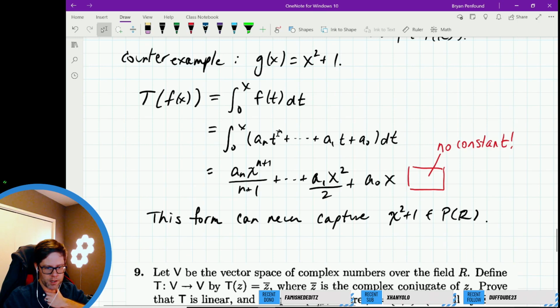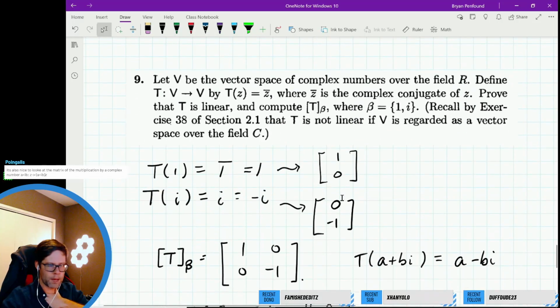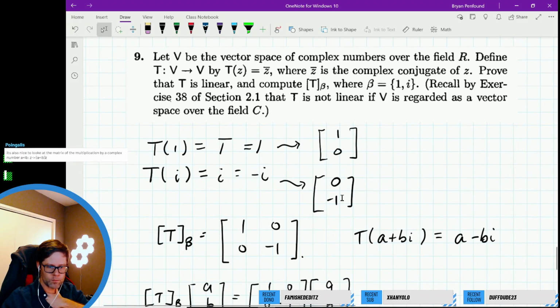And then when I sub 0 in, all of those go to 0, so I get no constant term. So any polynomial that has a constant, we wouldn't be able to capture, right? There's no way that I can find a polynomial that gets mapped to x squared plus 1 because we lose the constant term.